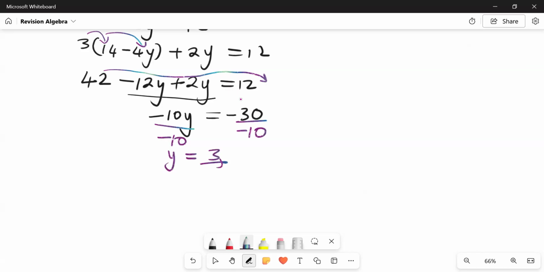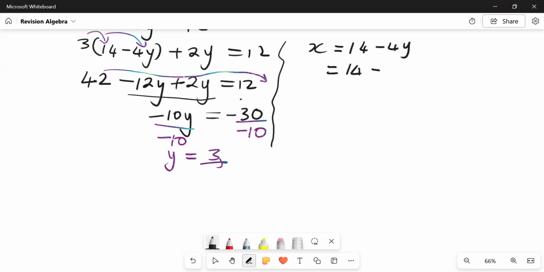And then now substitute your y into equation number 3. What is our equation 3? That's x is equal to 14 minus 4y. Okay, that's 14 minus 4.